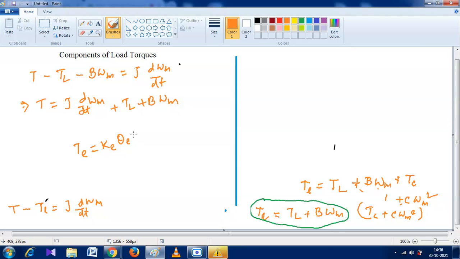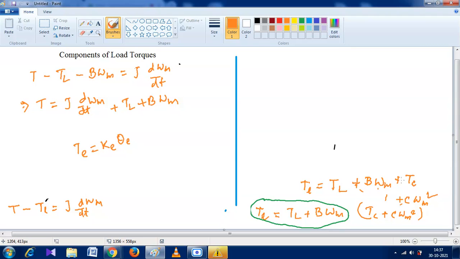Actually, how many parts are there? Broadly, we say there are two parts. One is the friction part, friction torque, and another part is the useful mechanical torque, or torque due to the useful mechanical work, which is denoted by capital TL.